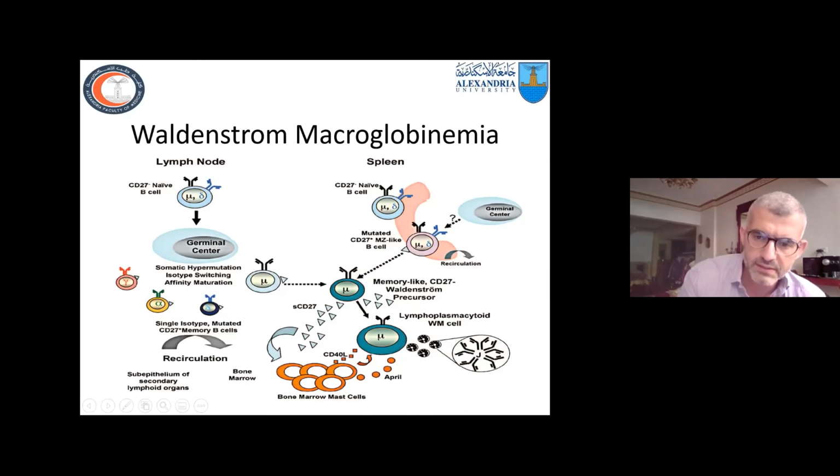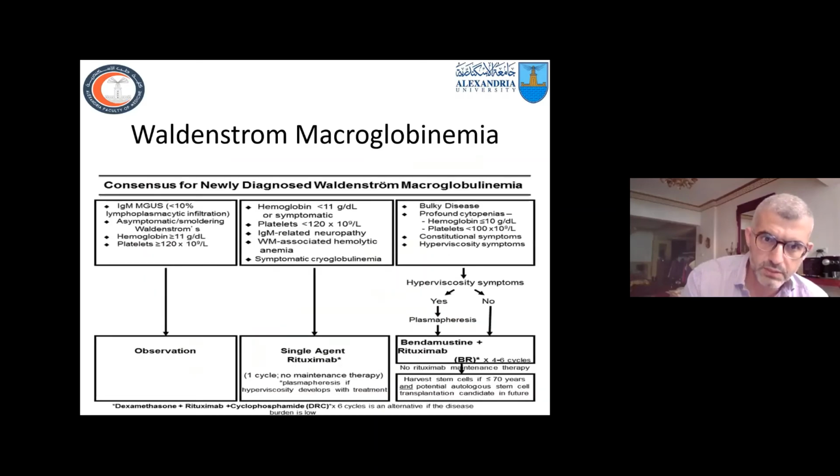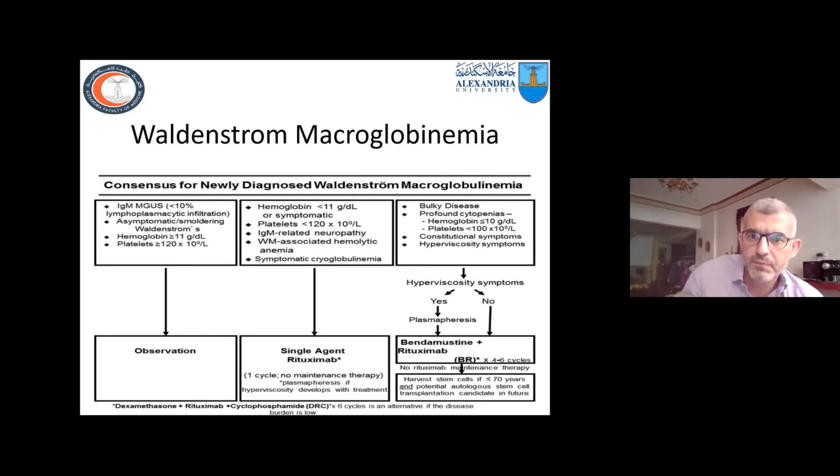These cells basically release the IgM and cause its pathogenesis. And this pathogenesis is usually very peculiar because it causes cryoglobulinemia and it causes hyperviscosity due to the large antibody, the IgM, which is released in the blood, together with the rest of the manifestations of the plasma cell dyscrasia.